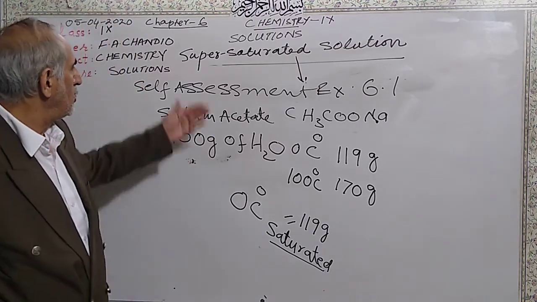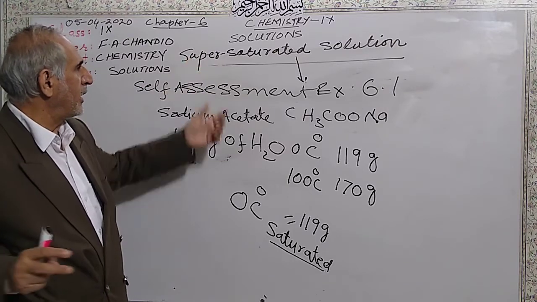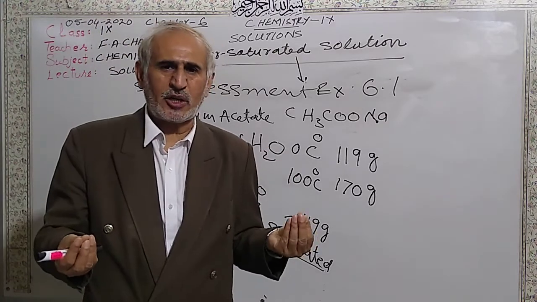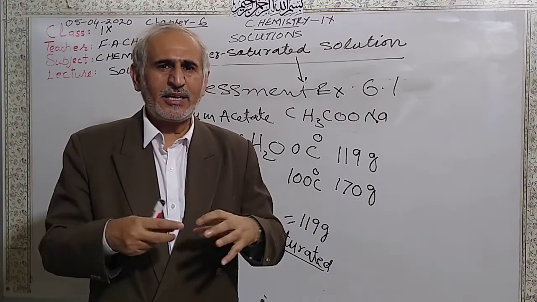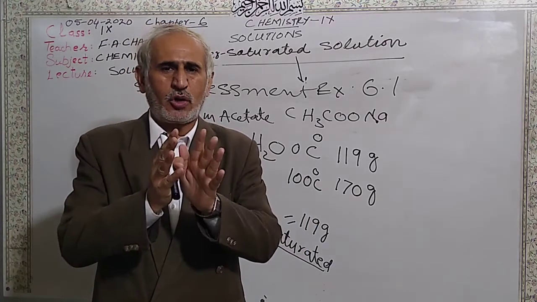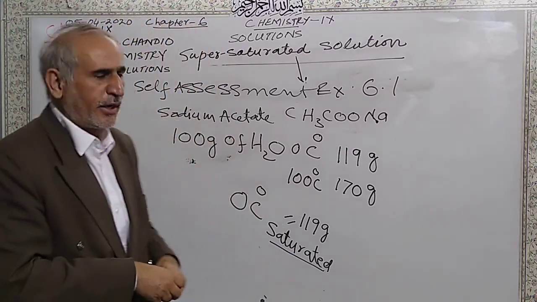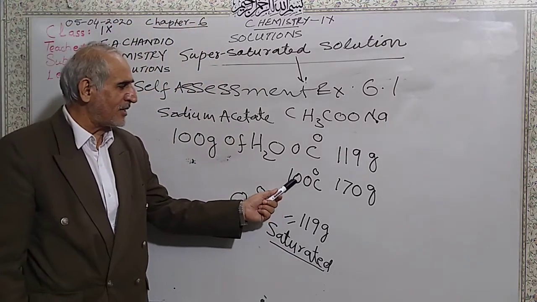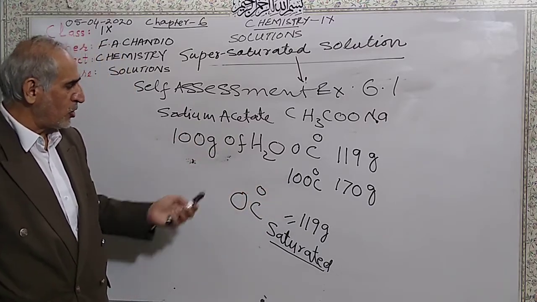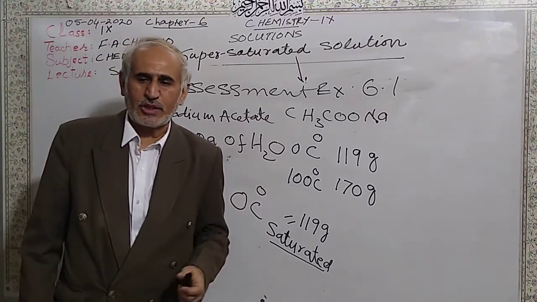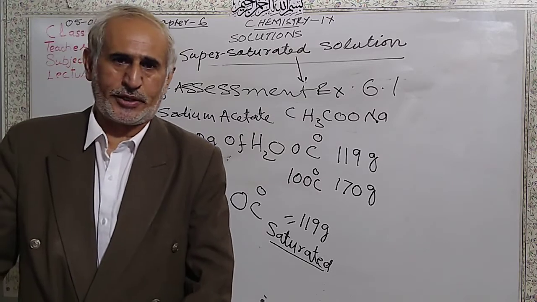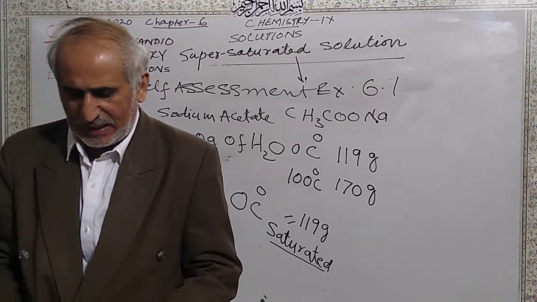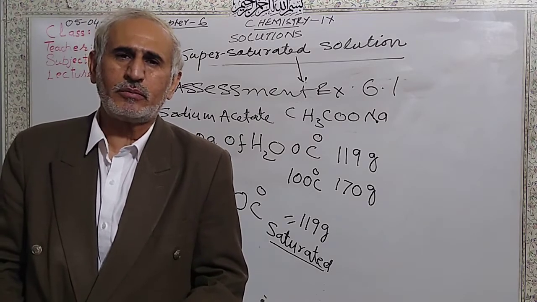I told you, this is written already here, if you heat a saturated solution, more solute dissolves at a particular temperature, and that temperature means we are maintaining 100 degrees Celsius, so the answer is the solution is supersaturated. So the answer for question number C is supersaturated.